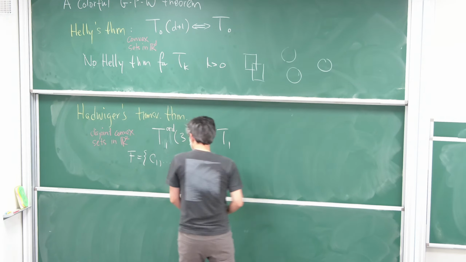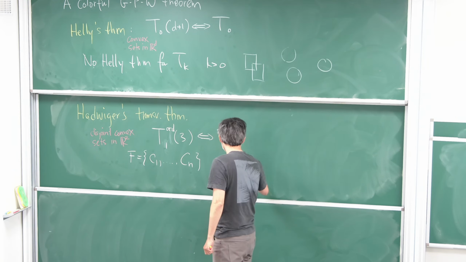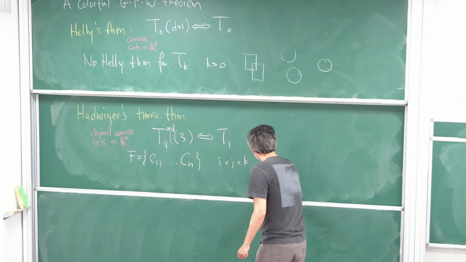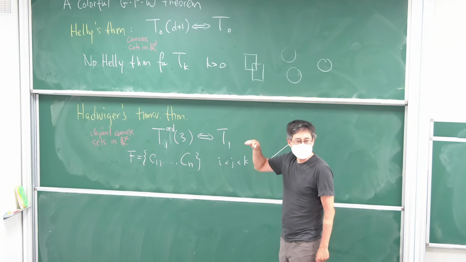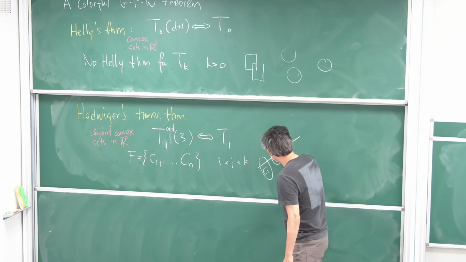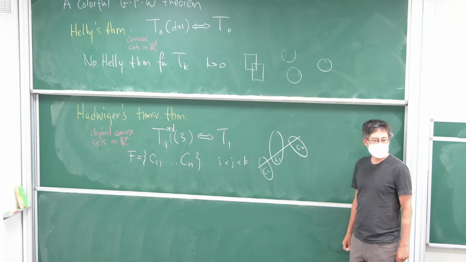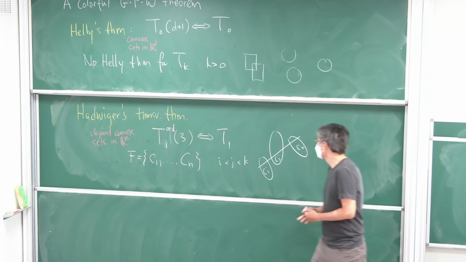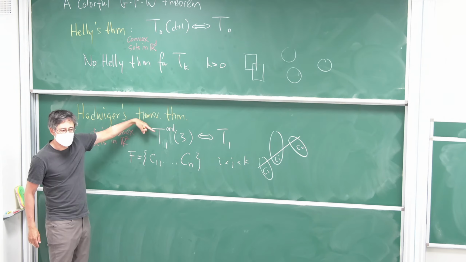So, in other words, for i less than j less than k, there should be a line that intersects Ci, Cj, Ck, but it should intersect them in that order.